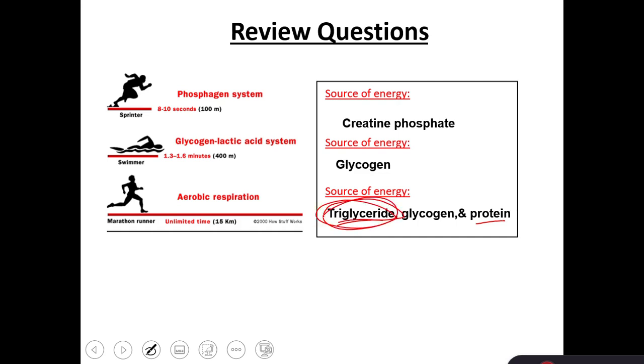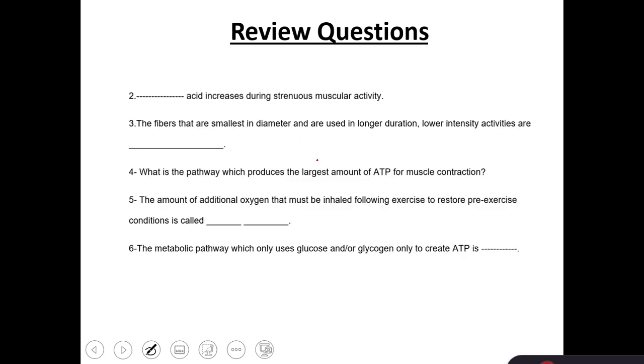But the anaerobic exercise utilizes only carb, glycogen only. What acid increases during strong muscular activity? Of course, it is lactic acid because the pyruvate now will not enter the mitochondria due to lack of oxygen. It will change to become lactic acid that diffuses to the blood.